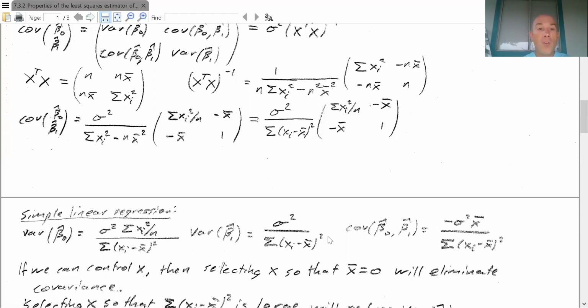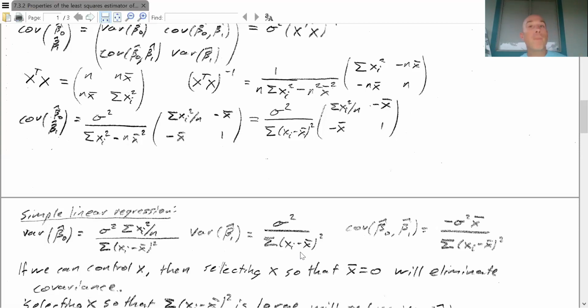Also, I notice that if I want to minimize the variance, I want to make sure that this term down here, the deviations from the sample average, are as large as possible. Then that will minimize the overall variance. This part up here is an assumed value that we have no control over, so we just assume it's going to be whatever it is. But if I'm in design of experiments world, I control the x's, I do not control the variance. So I can use this formula to try and minimize the variance of my slope estimate.